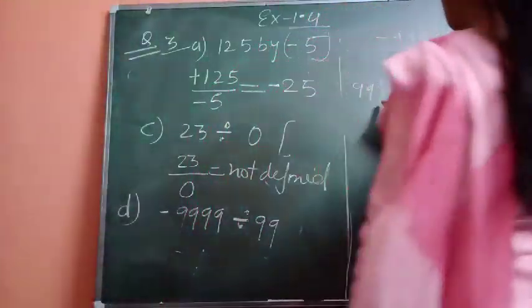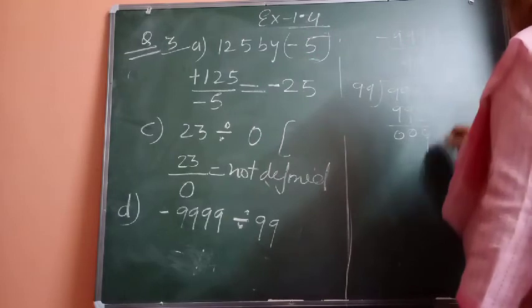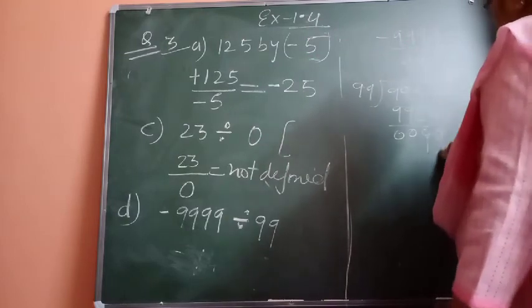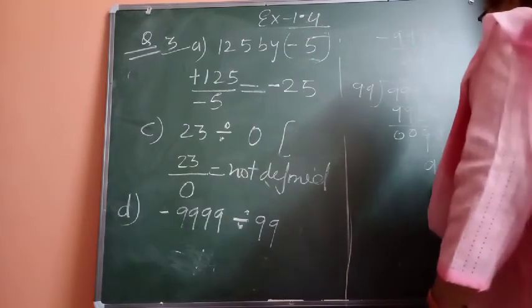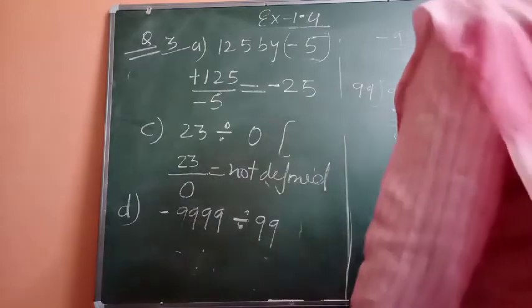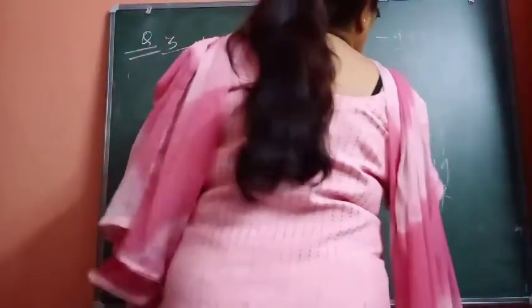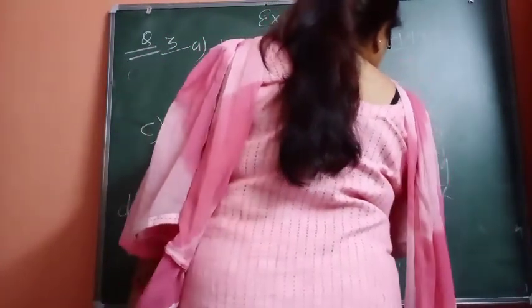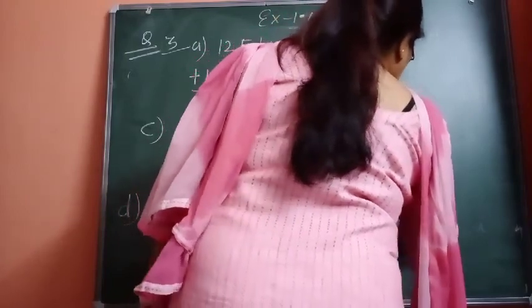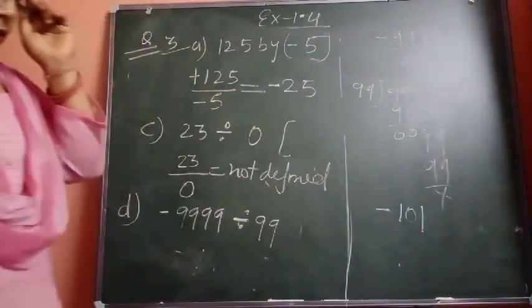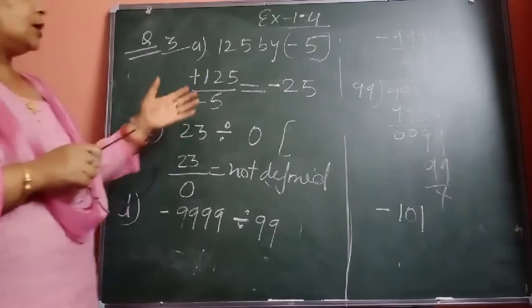So division is not possible. So what will you put here? 0. Now bring another 9 down. 99 1 is 99. So what answer will you get? Minus, because one is positive and another is negative. So minus 101 will be your answer. So perform in this way the rest of the parts of this question.